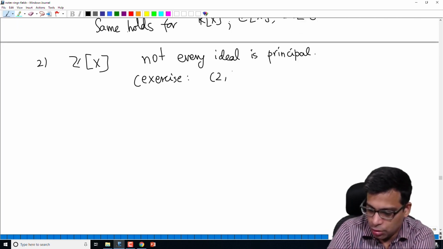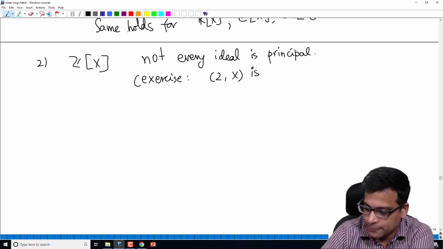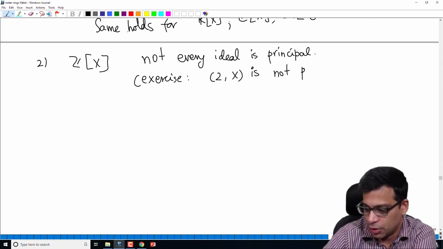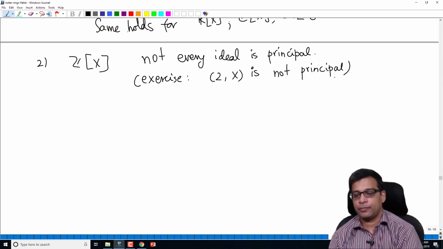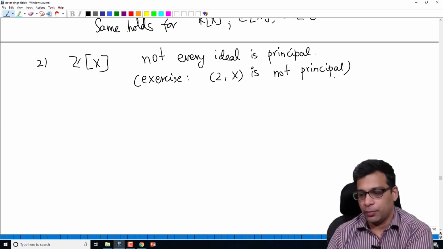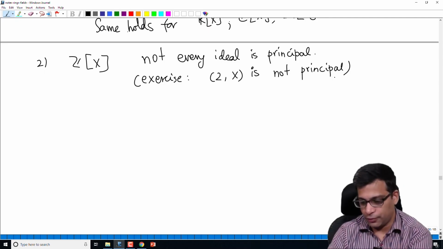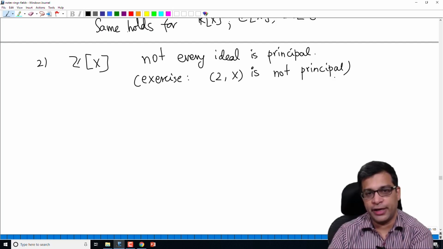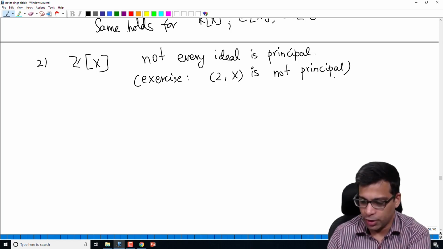The ideal generated by 2, x is not principal. There cannot be a single element which generates (2, x), because a non-constant polynomial will not be able to generate 2, and if you take a constant polynomial, it will not generate x. So no single element will generate the ideal generated by 2 comma x.